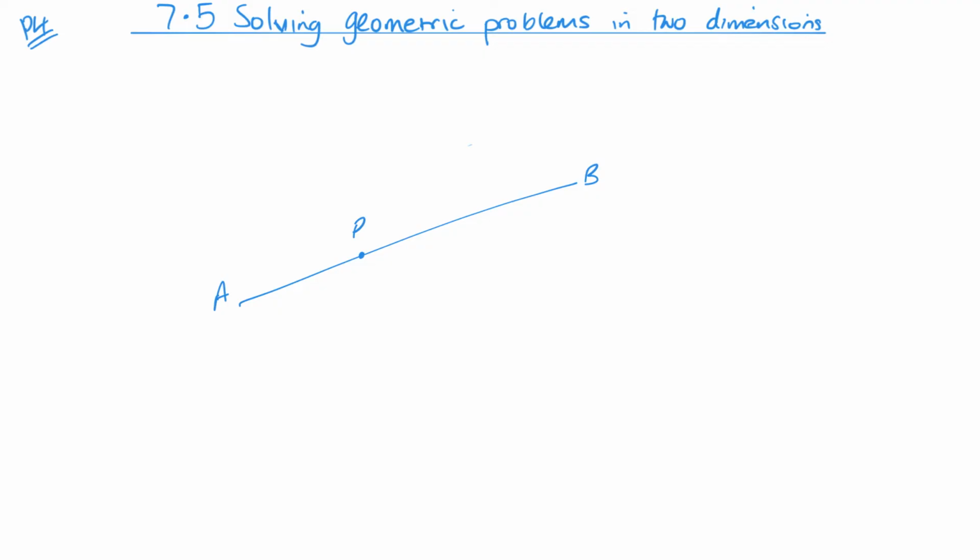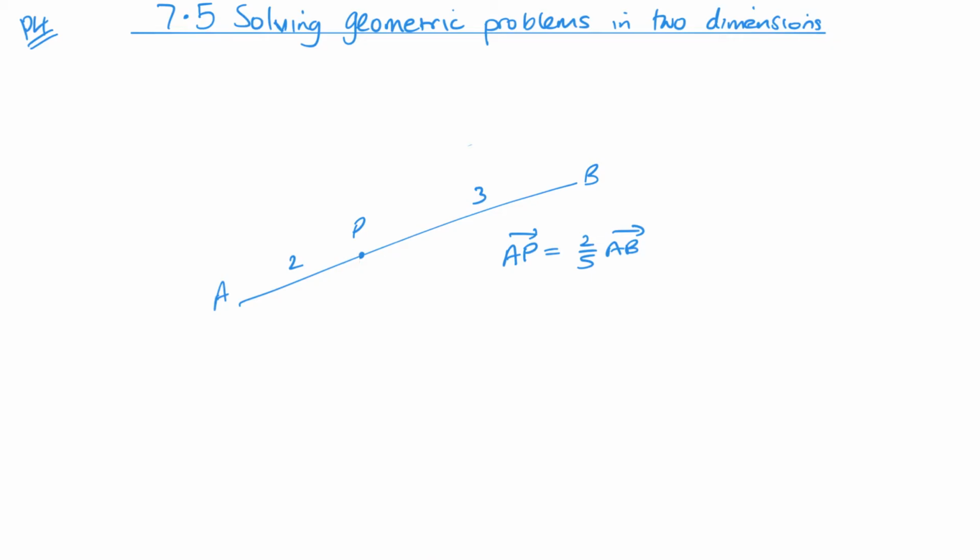If I looked again and say this time I split it up into 2 parts and 3 parts, so the ratio of 2 to 3, then AP in this case would be 2/5 of AB, because this total line is split up into 5 parts in total.